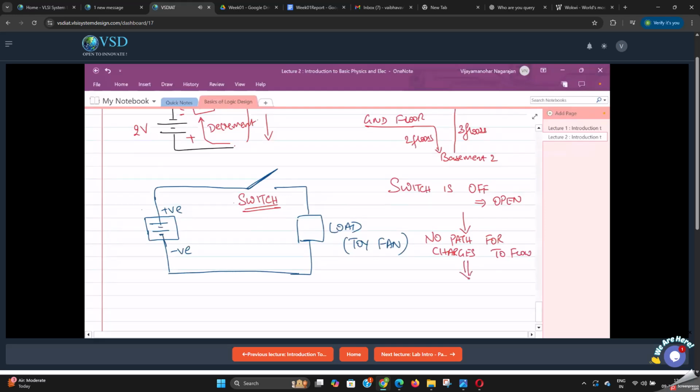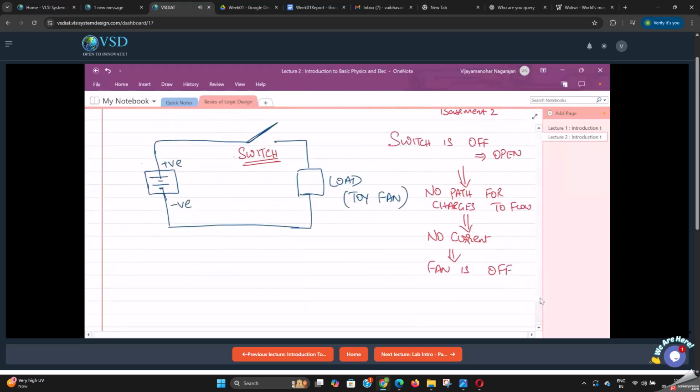No path for charges to flow means what? No current. No current. So fan is off. Correct? Fan is off.